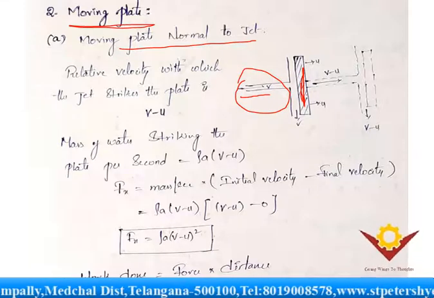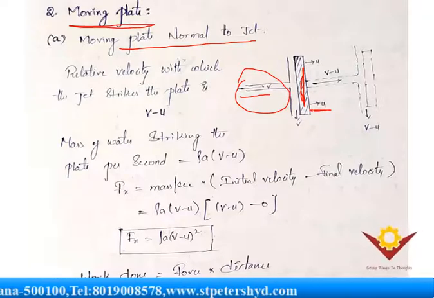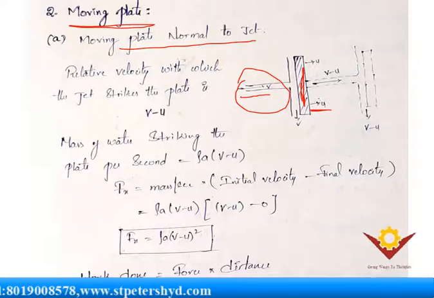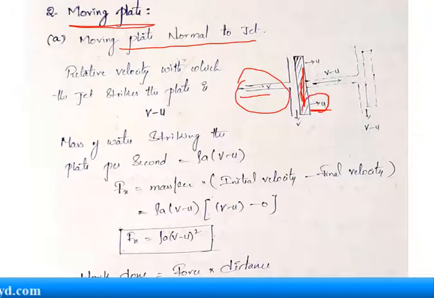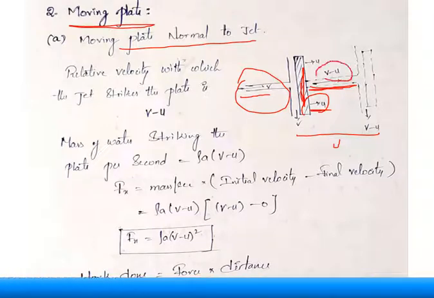After striking the plate, it will move forward with the velocity of u. Here the velocity of the plate is u. Clear? And now after moving some distance, the jet velocity will be v minus u.